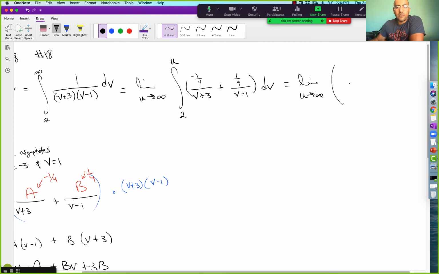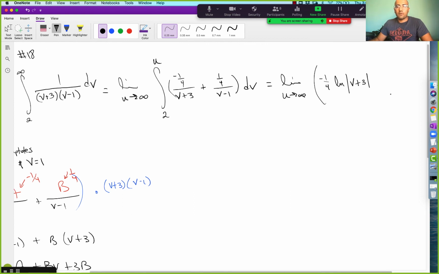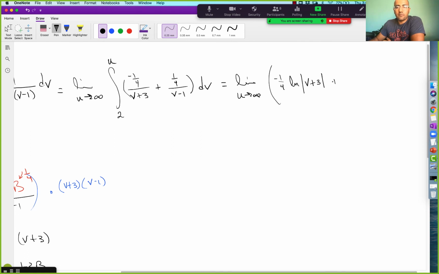And so the first one is just going to be equal to negative 1/4 ln absolute value of v plus 3, plus positive 1/4 ln of absolute value of v minus 1, evaluated as v ranges from 2 to u.